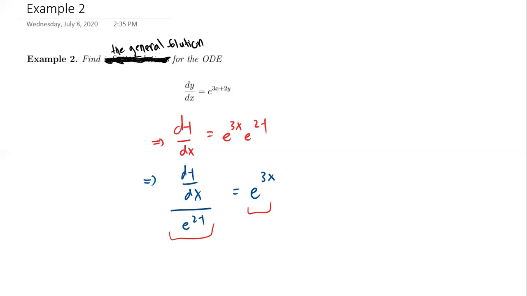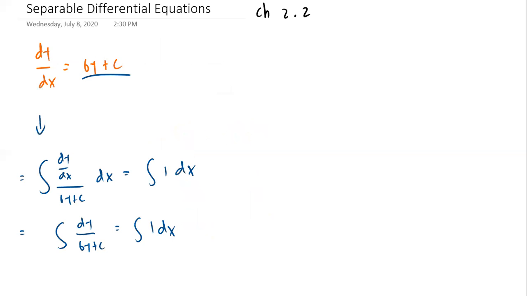Now, let me make a note here. Every time I move things to the other side, I do it by dividing. And it's the same thing that we did when we were working with differential equations of this form. I didn't subtract to the other side. I divided by everything involving y. That's the other thing you have to be careful about.